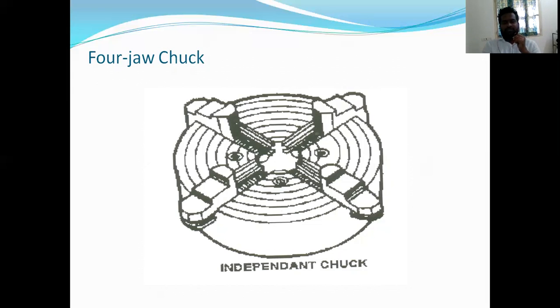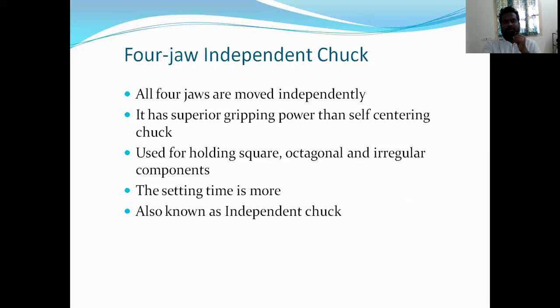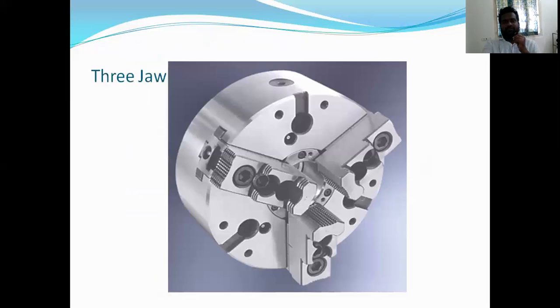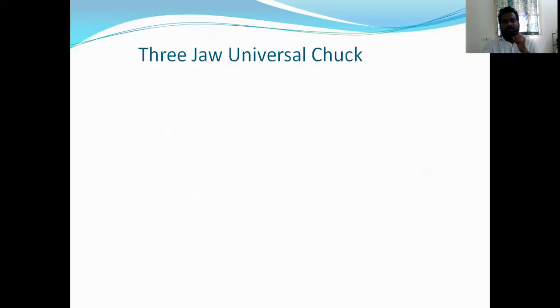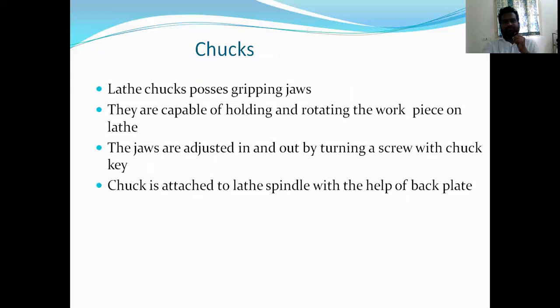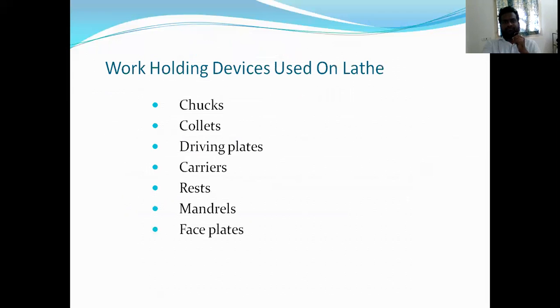Among these, the chuck is the most commonly used. So these are the work holding devices: chucks, collets, driving plates, carriers, rests, mandrels, base plates. The chucks are the commonly used work holding devices.